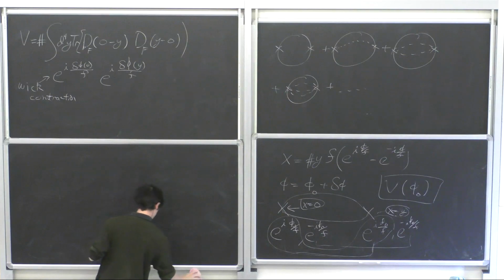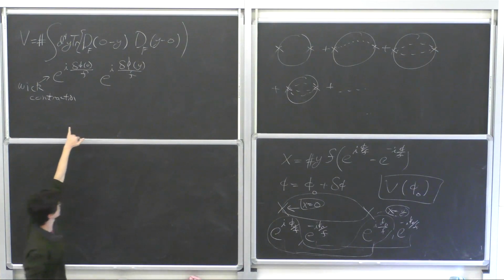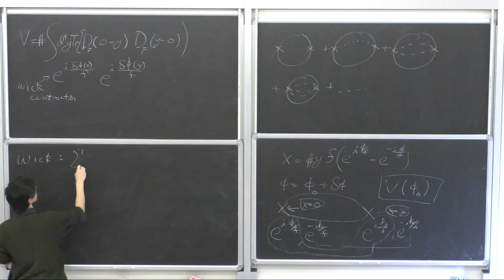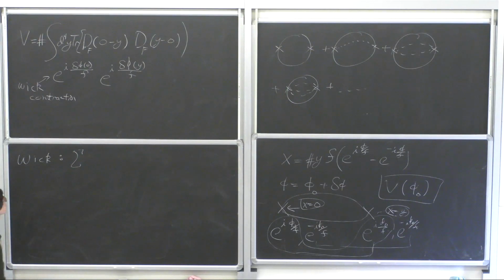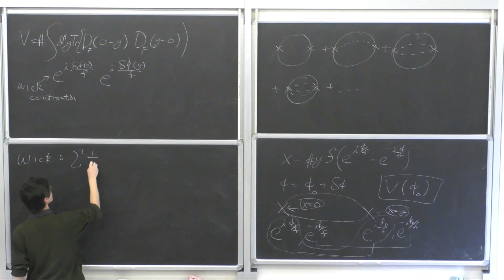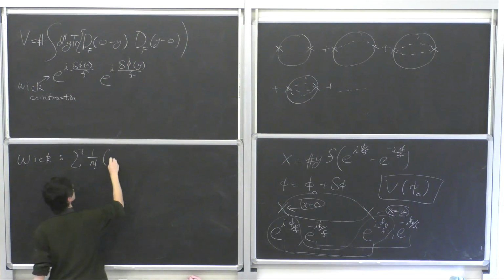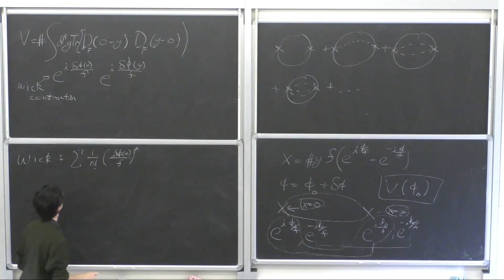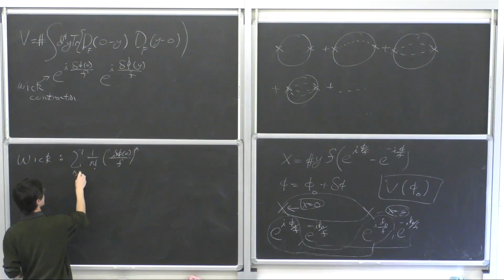All right. So I Taylor series these guys. So this is the Wick piece. I have Taylor series of an exponential is what? 1 over n factorial I phi of 0 over f delta to the nth power, n and m.